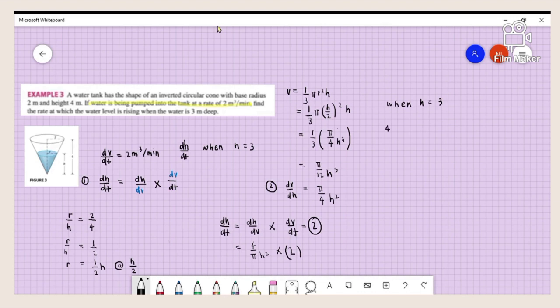So 4 over pi times 3 squared, over 2. So it will become 8 over 9 pi. If we use a calculator, we will get 0.28 meters per minute. This is our answer.